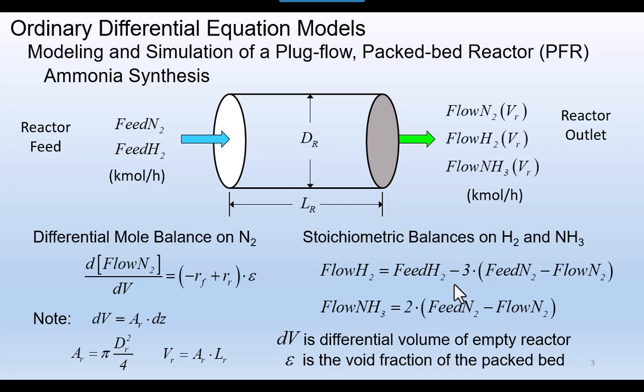And as shown here, we're feeding nitrogen and hydrogen. When we get to the actual model, we will have a couple of inert gases that enter into the reactor and pass through without participating in the chemical reaction, but we're only dealing with the components here that react.